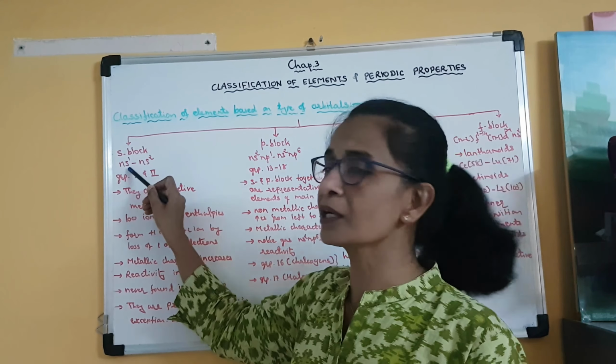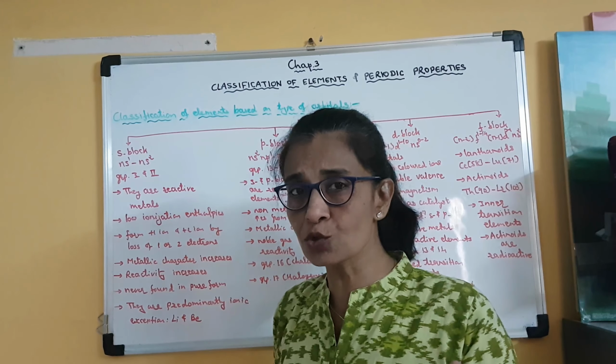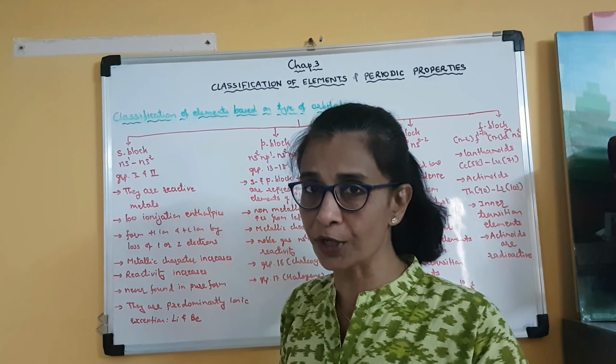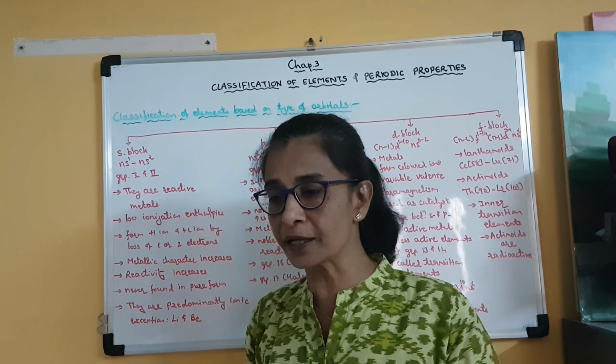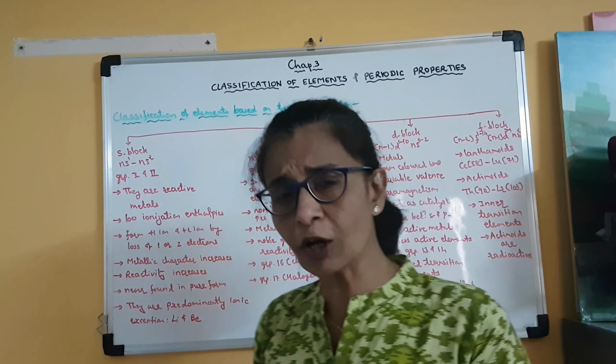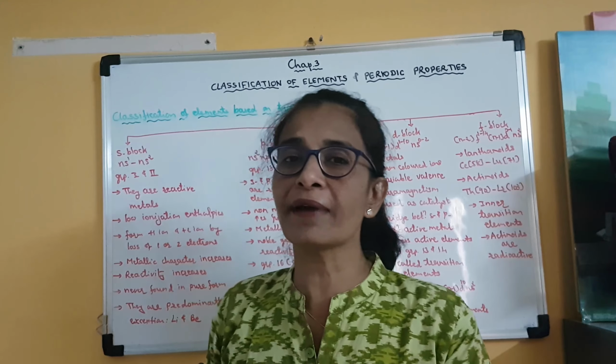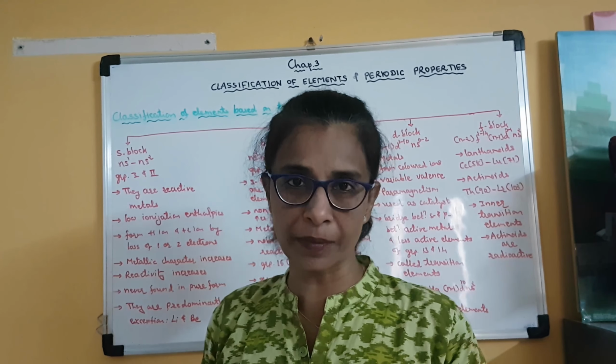We know that in the S orbital, a maximum of 2 electrons can be accommodated. So either there is 1 electron present in the S orbital, or there are 2 electrons. Here n stands for the principal quantum number. As we have discussed earlier, the number of the period indicates the value of the principal quantum number.